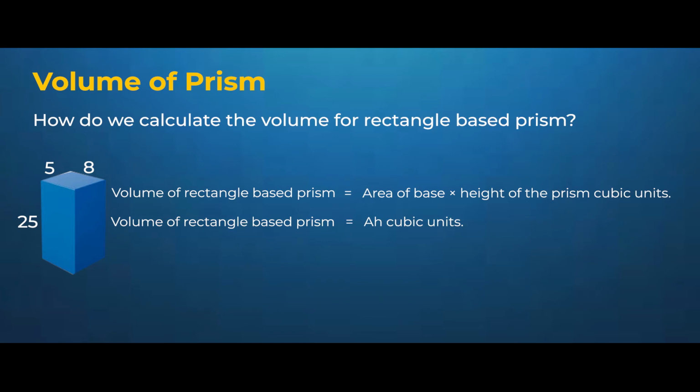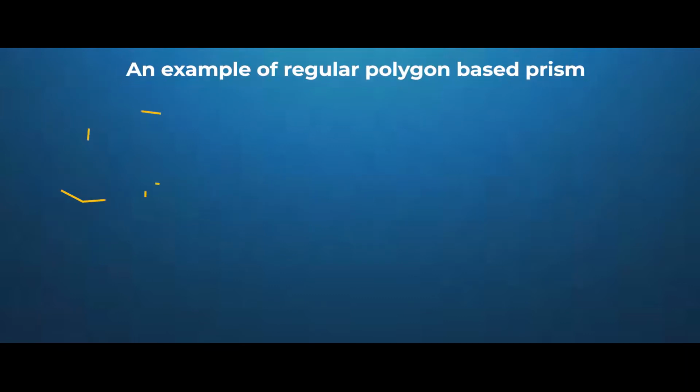And the unit for the volume is cubic unit. So the volume of the given rectangle prism will be equals to 5 by 8 by 25, which gives us 1000 cubic units.